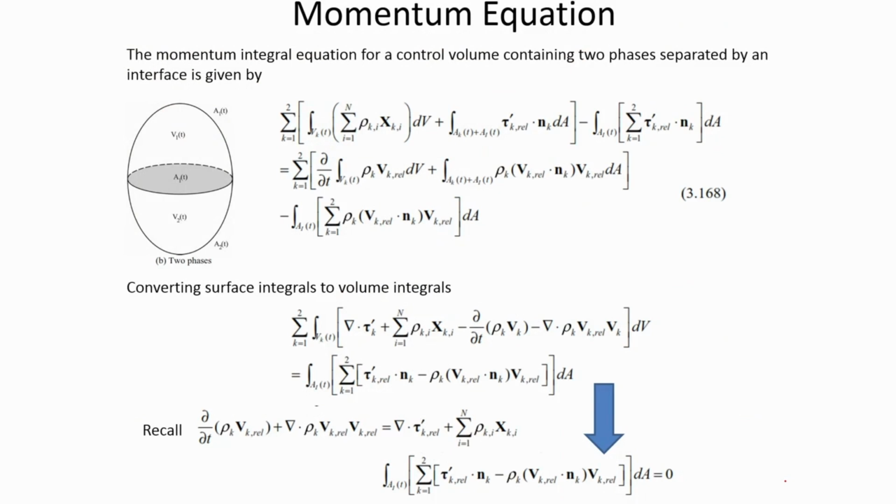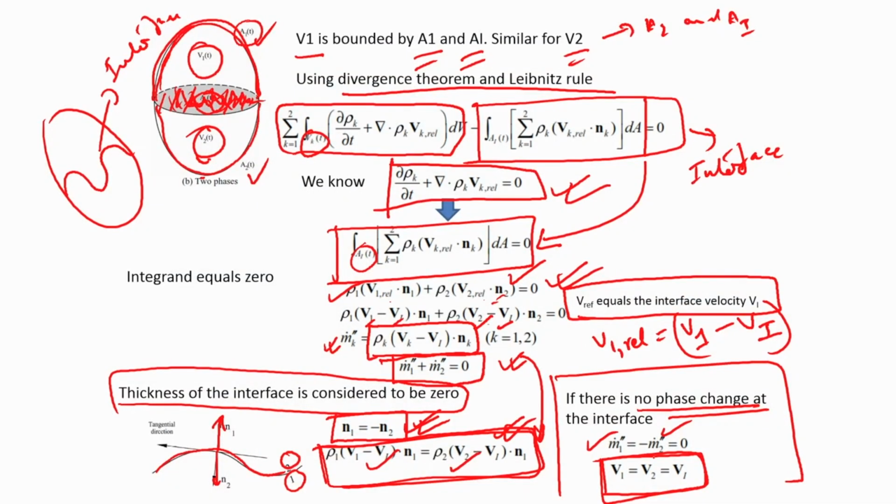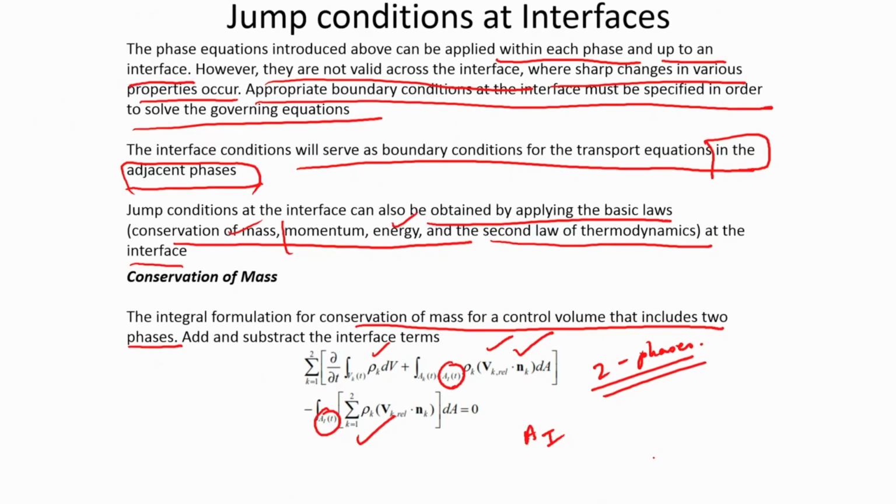Now, we look at the momentum equation in the next one, but you can clearly see that by defining an interface, we find what the conditions across the interface are. If there is a mass exchange, what will be the condition? If there is no mass exchange, what will be the condition? And it is easy. What we have done is that we have basically added and subtracted in our integral formulation the Ai, that is nothing but the interfacial area.